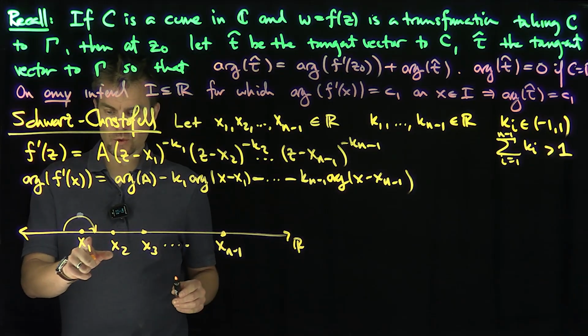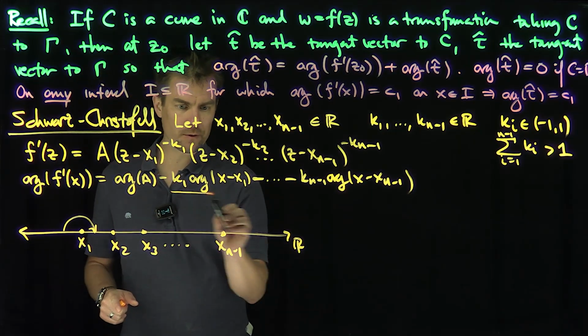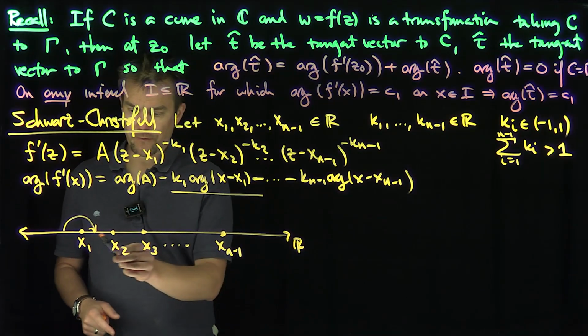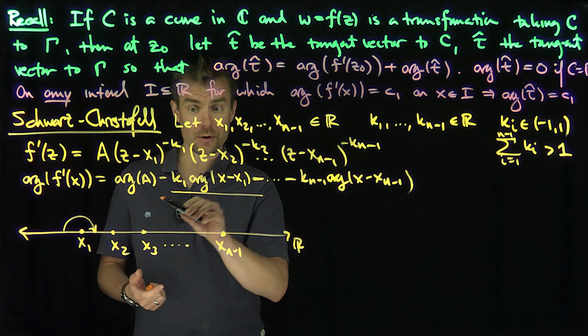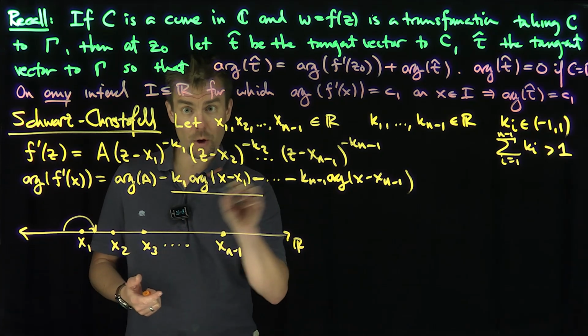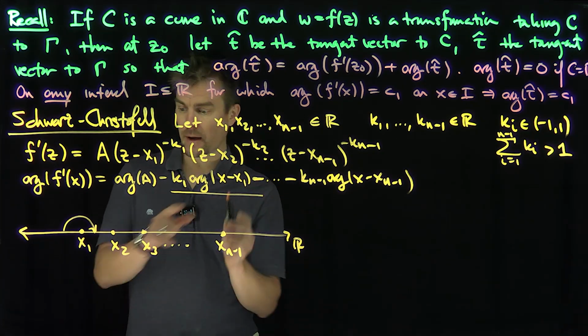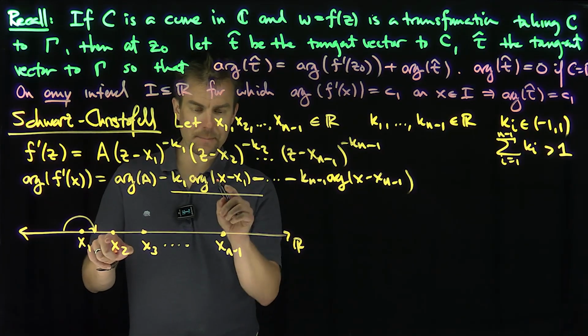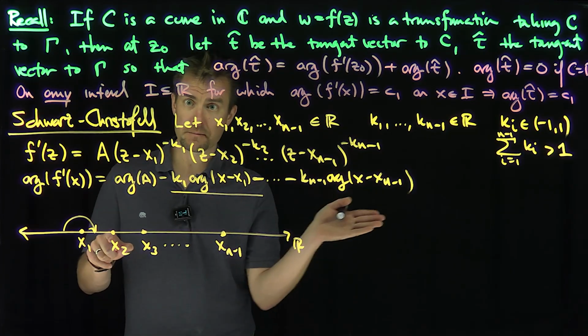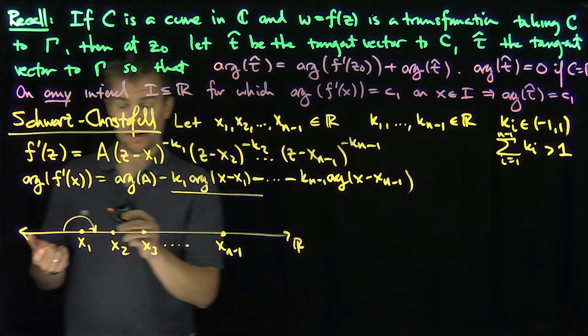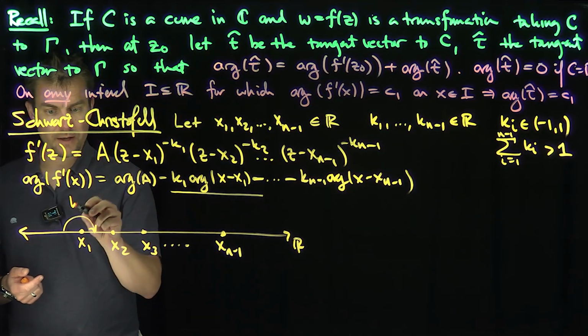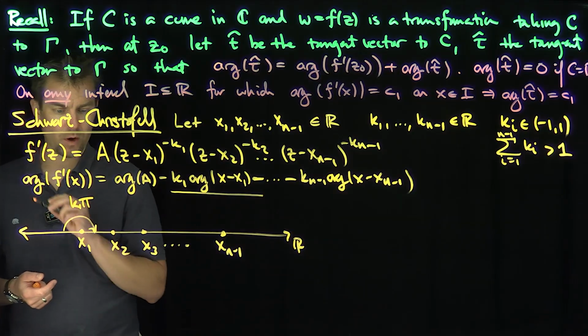If you're between x1 and x2, what's this first argument over here? If you're bigger than x1, then x minus x1 is a positive number. There's no argument there. So this term goes away. That's gone, right? Because if I plug in like x1 plus epsilon, then this is just the argument of epsilon, and that's just a real number, right? With zero argument. So over here, as I go over x1, the argument jumps by k1 pi.